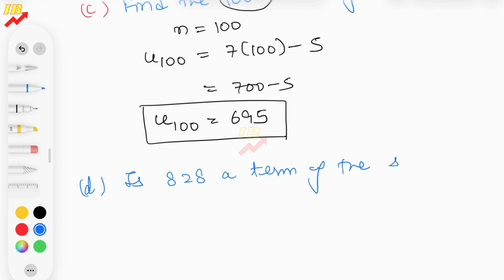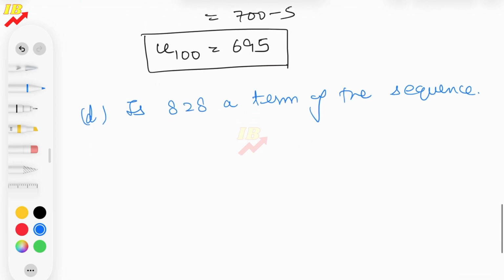I hope this meaning is very much clear to you, because they are asking whether this is a member of the given sequence. How will you find that? You have your un value, which you already found as 7n minus 5, right? So now you plug in this un thing in it. This is your un now, because they are talking about the term here, not the term number.